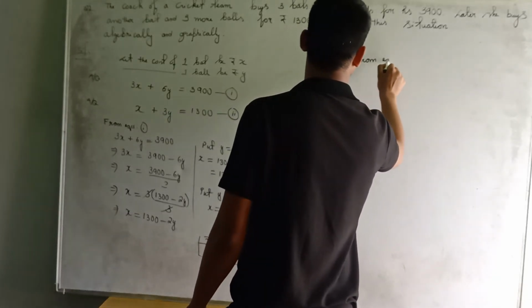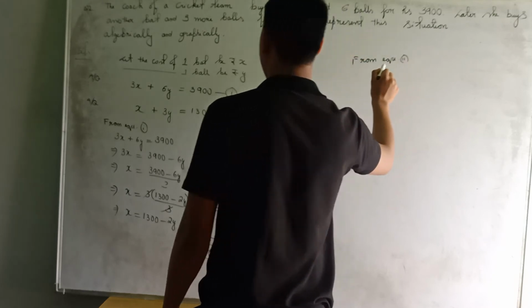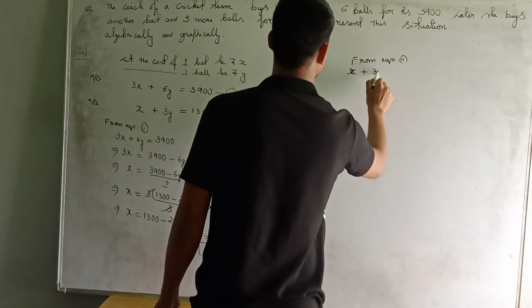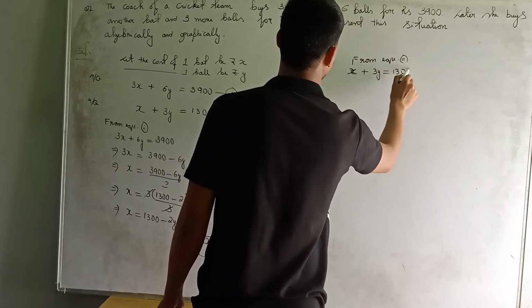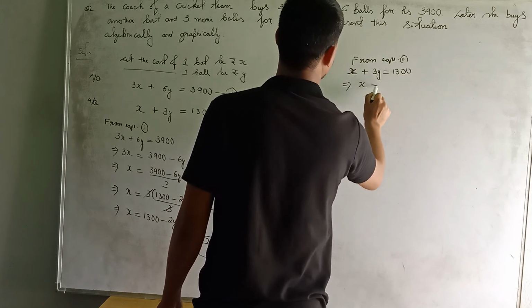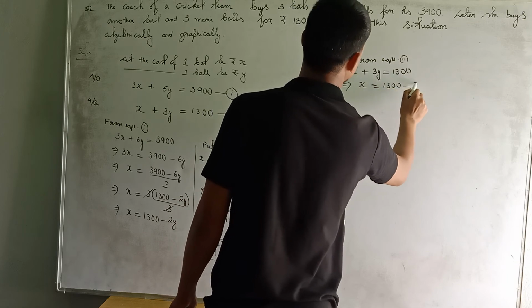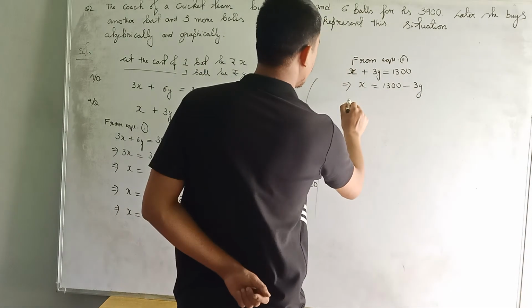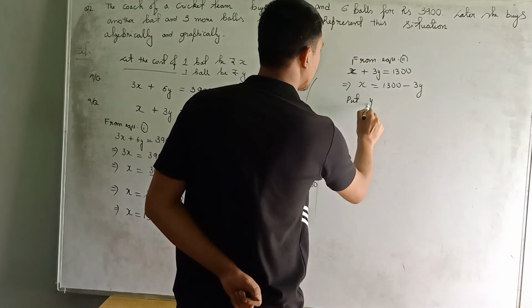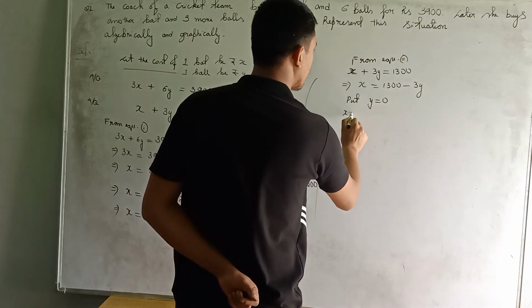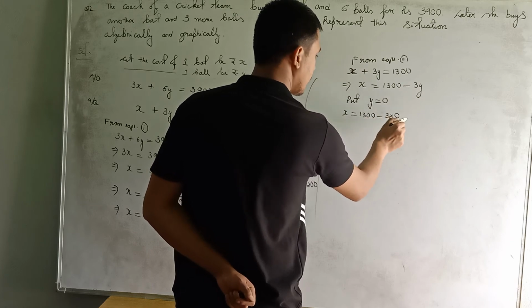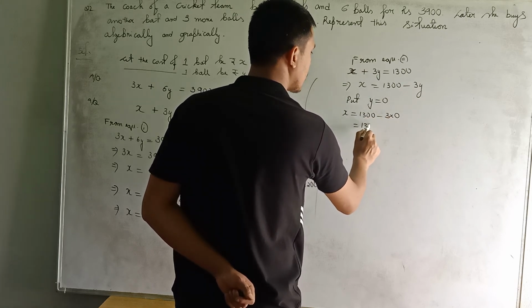From equation 2, what do we have? x plus 3y is 1300. So x is equal to 1300 minus 3y. You can always start with 0. If you put y as 0, then x will be 1300 minus 3 times 0. 3 times 0 is 0, so that's simply 1300.